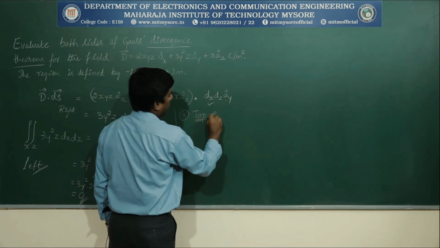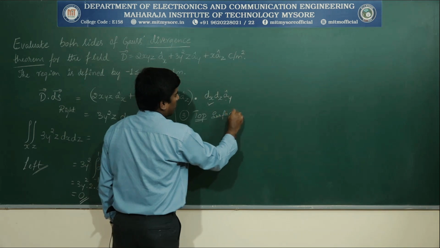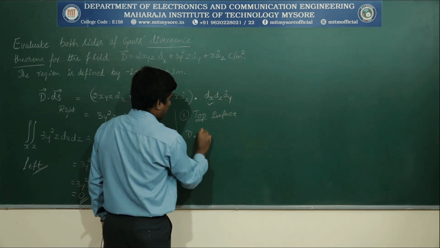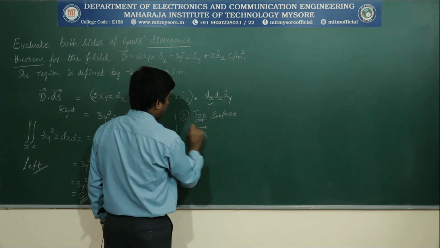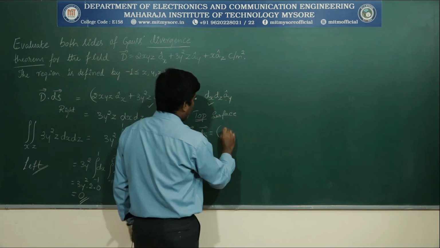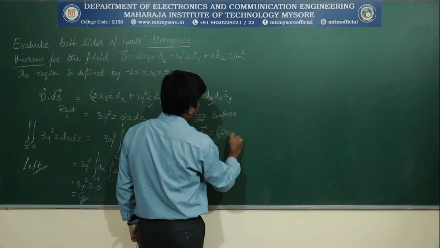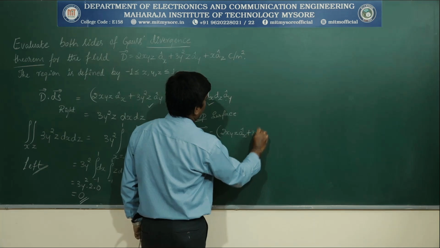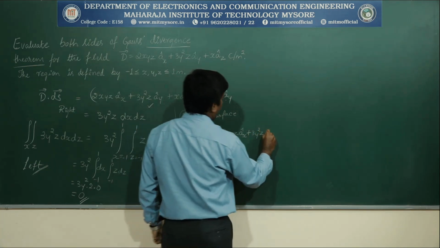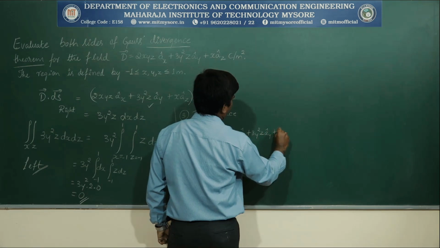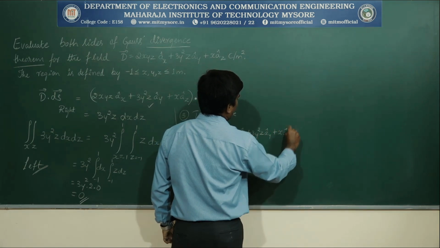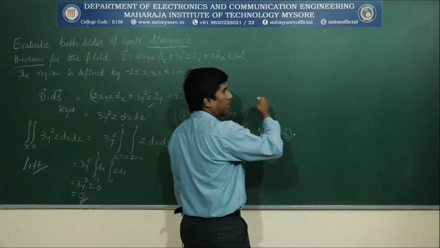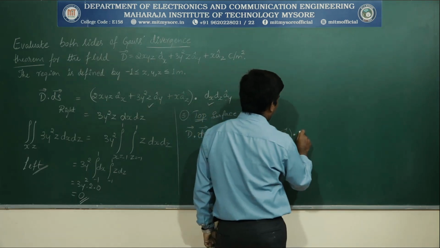For the top surface, D dot dS is equal to 2xyz a_x plus 3y²z a_y plus x a_z, into dx dy a_z, since the top surface is in the x and y plane.